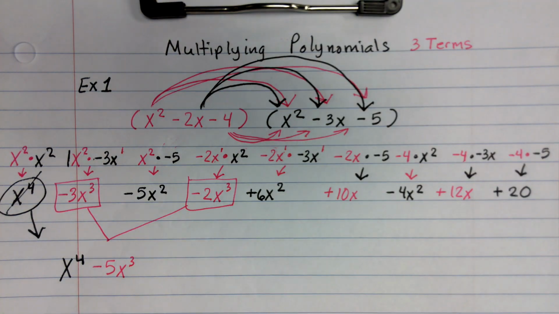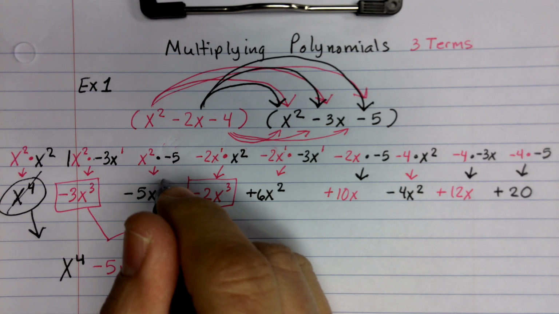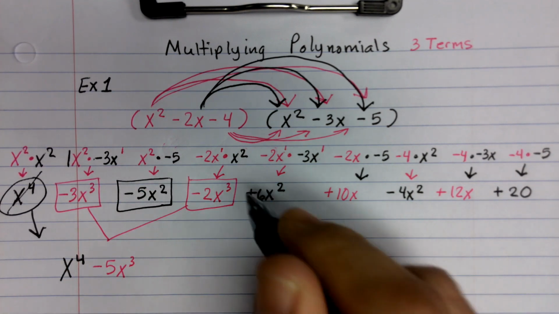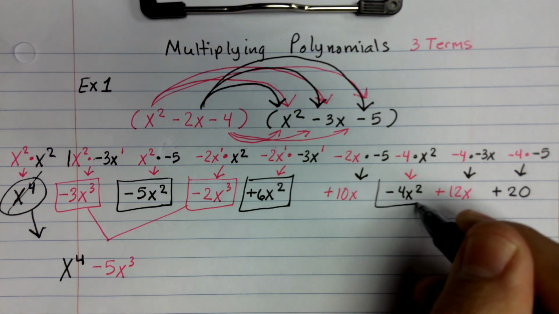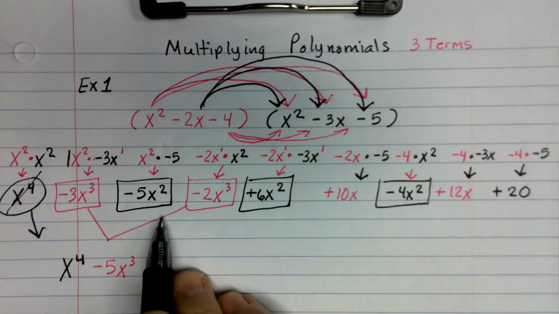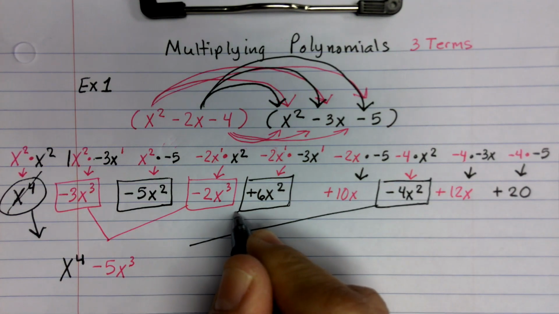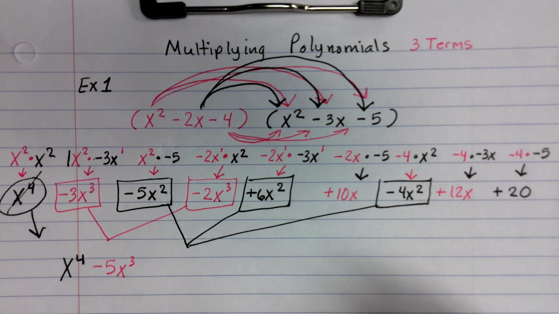Now the next largest power that we have is 2. So for those, I'm going to write them in black, and I'm actually going to box them. So we have negative 5x squared, we have positive 6x squared, and we have negative 4x squared. So we actually have 3 of them. So I'm going to go ahead and just bring all of these lines together because we're going to be combining these values. And we're going to write it right here.